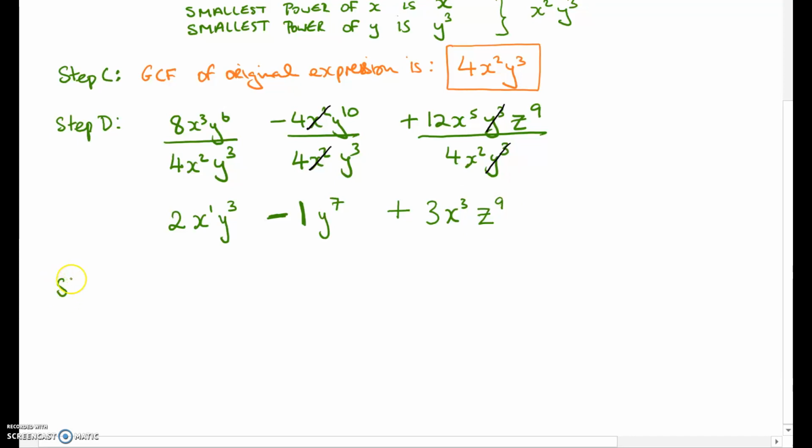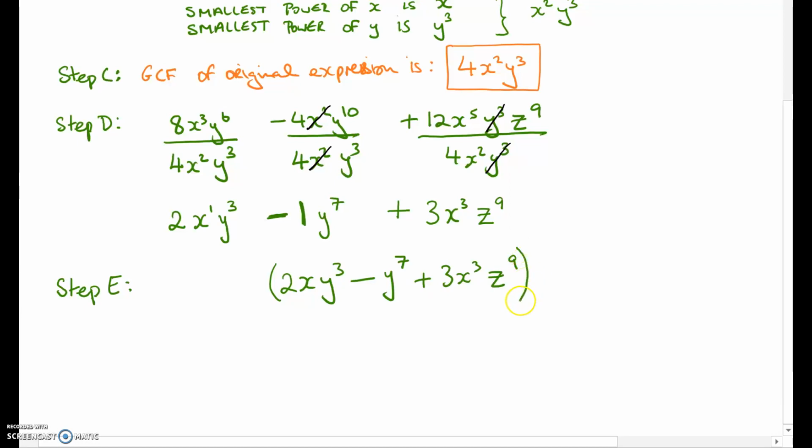Now the last step, step E. With step E, we put this answer from step D, we put that in parentheses. So it's 2. Now any 1s will drop the 1s now. So 2x to the power of 1 is just x, y cubed, minus, now you can write minus 1 y to the power of 7 if you like, or you can just write minus y to the power of 7, plus 3x cubed z to the power of 9.